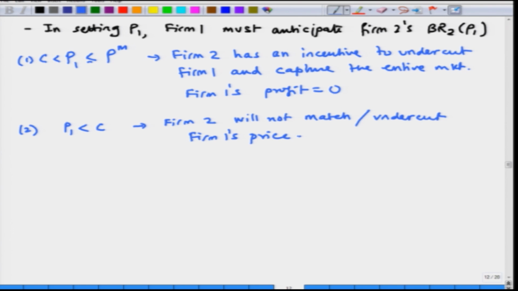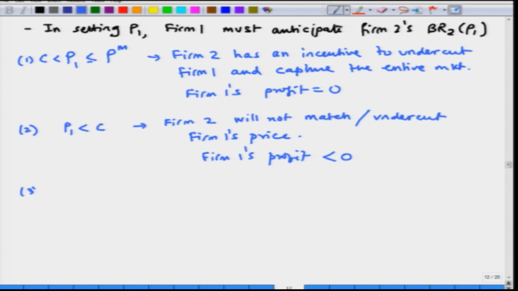In fact, its best response would be to strictly charge a price which is larger than the price that firm 1 charges and not make any sales. But in that case, firm 1's profit is going to be negative, right.